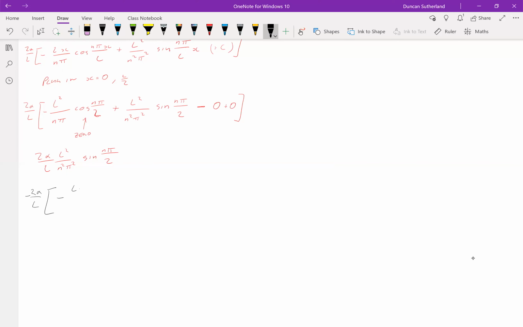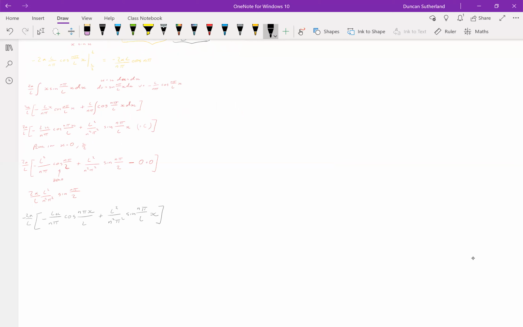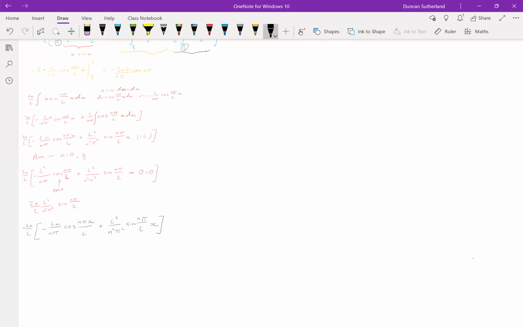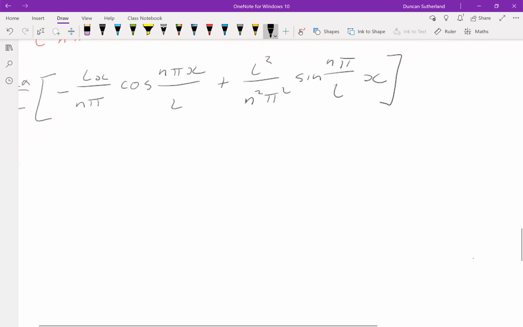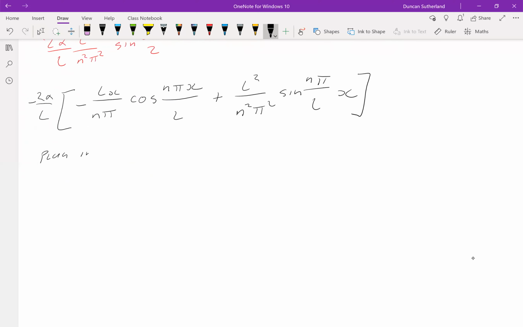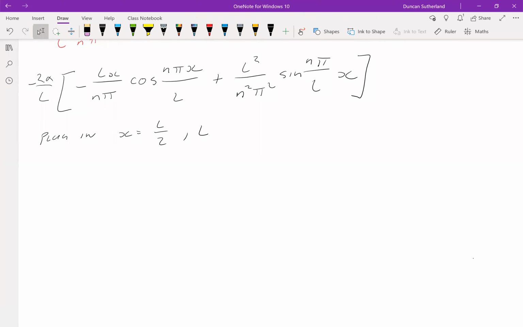Minus Lx on n pi cosine n pi x on L plus L squared on n squared pi squared sine n pi x on L. As I explained, I was cheating. I've got the indefinite integral, so I can just plug in different limits. So now I'm going from L on 2 to L. Let's stick that in.